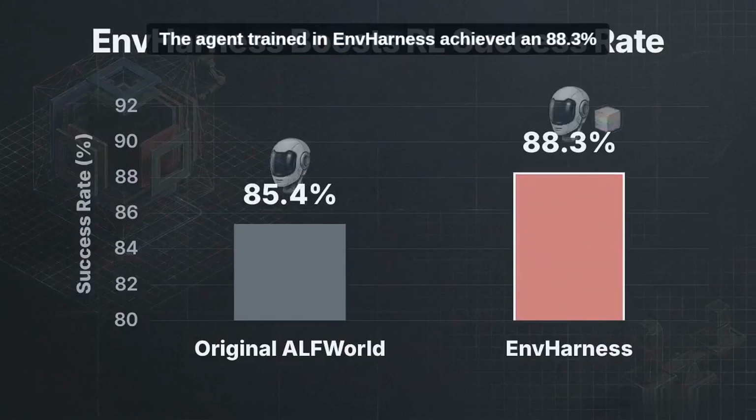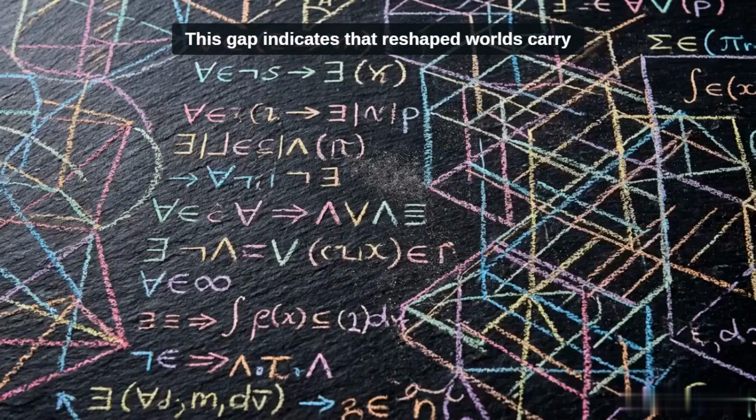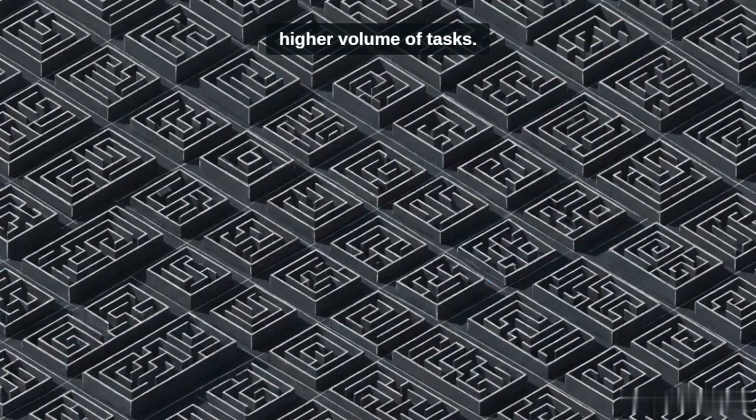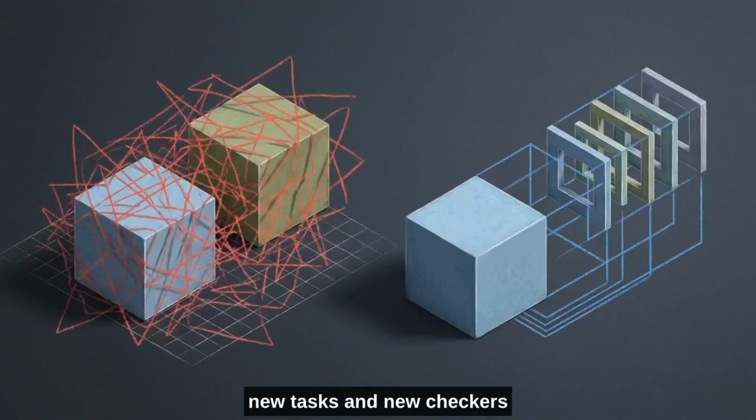The agent trained in EnvHarness achieved an 88.3% success rate, compared to 85.4% for the original environments. This gap indicates that the reshaped worlds carry a much denser optimization signal for the agent to learn from, rather than simply offering a higher volume of tasks. These outcomes suggest that generating new tasks and new checkers simultaneously is not a requirement for creating denser training signals.